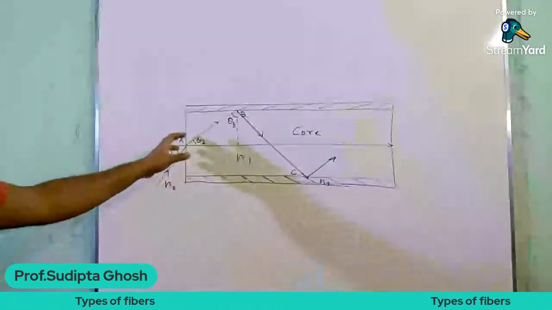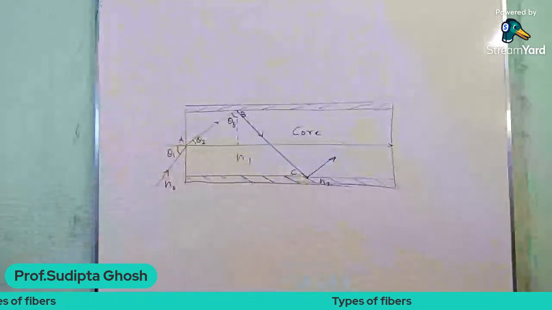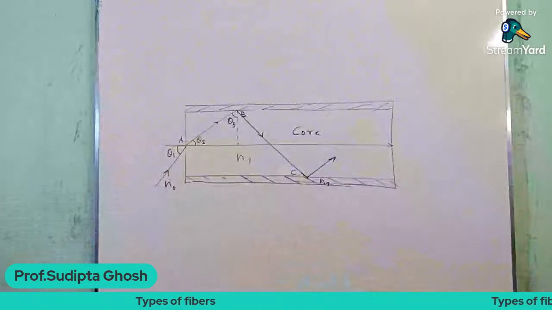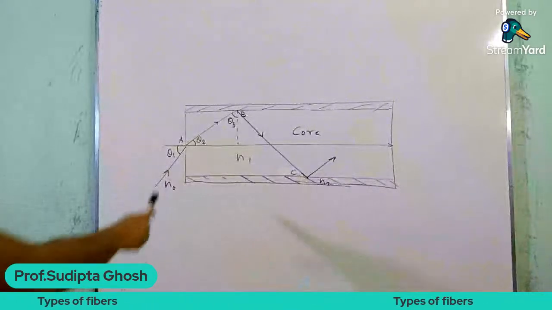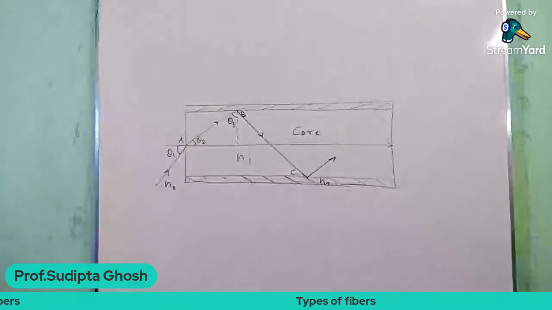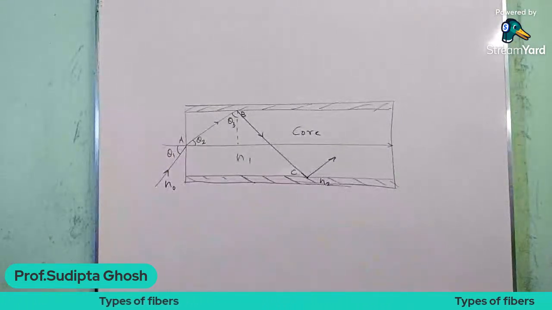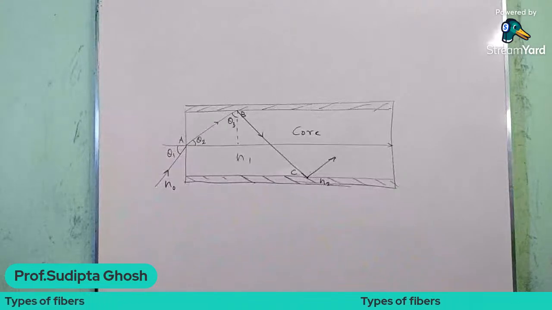A light enters into the fiber, incident on the entrance aperture of the fiber and making an angle θ1 with the axis. And here you can see that θ2 is the angle of refraction.